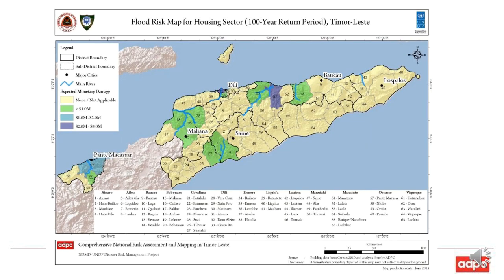This is another one, flood risk map for housing sector for 100-year return period of flood. So this kind of thing will provide baseline for the decision makers, like what kind of decision they should take for different kinds of infrastructure development in future.